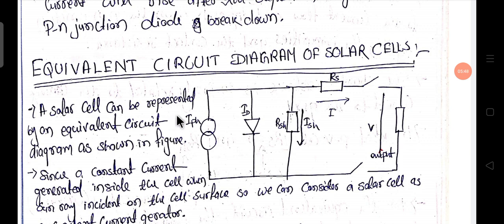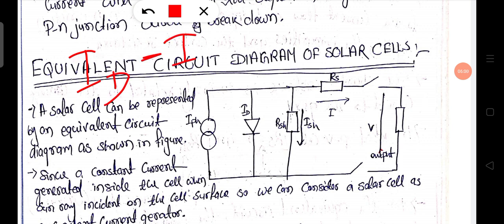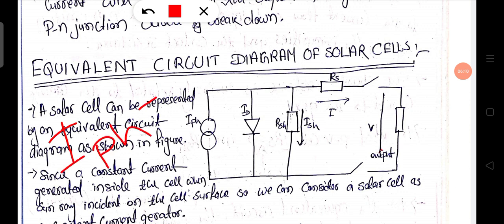That means I equals IPH minus ID minus ISH.